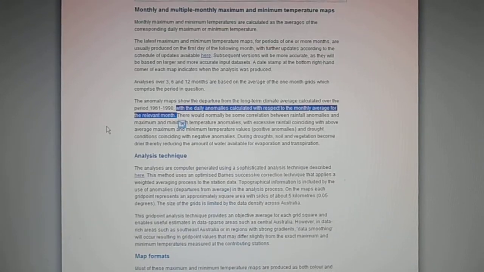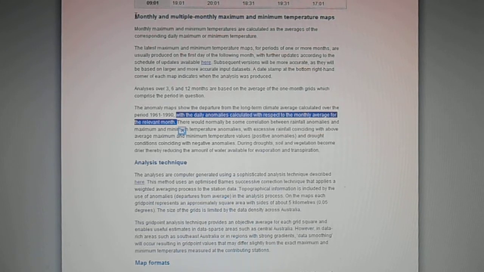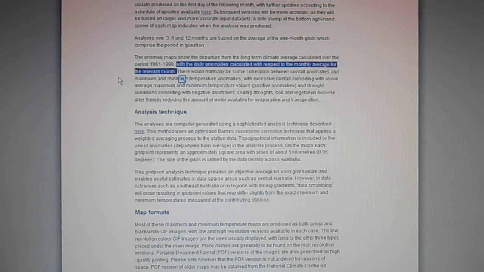That's the trouble. Here, describing how those monthly and daily maps relate to each other, it says monthly maximum and minimum temperatures are calculated as the averages of the corresponding daily maximum or minimum temperature. We've seen that's not true, and we'll see it again today.